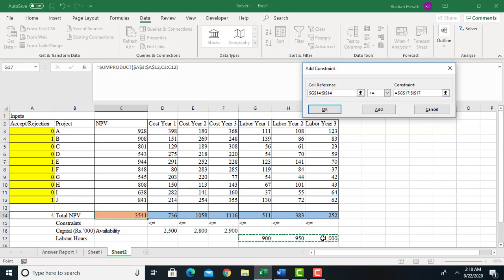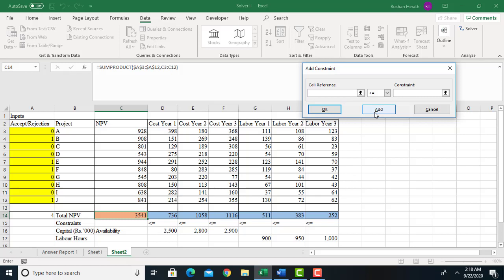The usage must always be lower than the availability. The two constraints are added, and the question had also specifically mentioned that the number of projects that you accept must be equal to 4. That is the third constraint. And the fourth constraint is there.